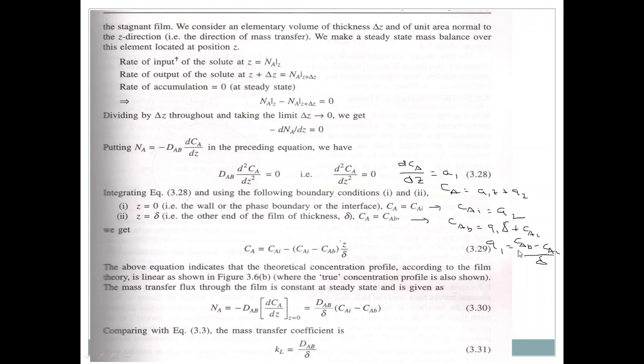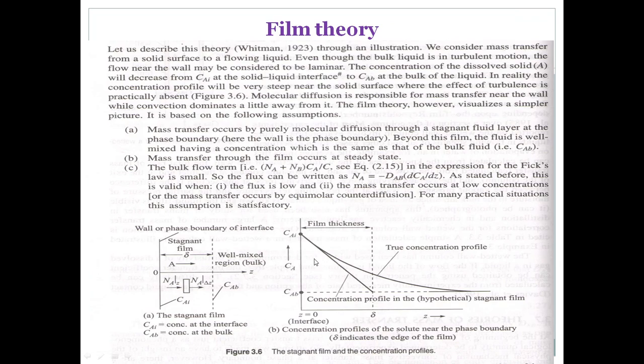So A1 equals (C_Ab minus C_Ai) by delta. Now if we put A1 and A2 in this equation, C_A will be C_Ai plus (C_Ab minus C_Ai) z by delta. If you see, this is a linear relationship. According to this assumption, this will be your concentration profile, but the actual concentration profile will be this. So that much error is there.